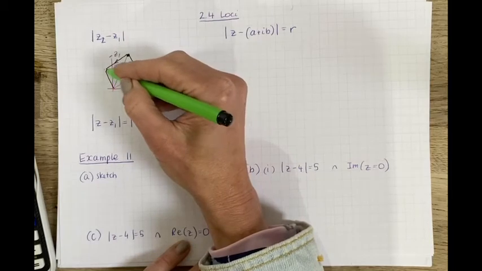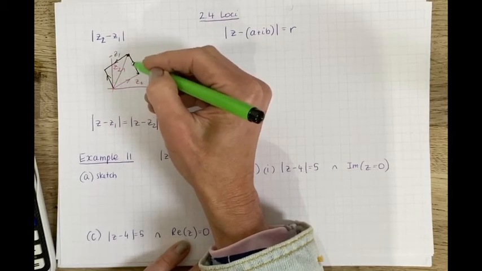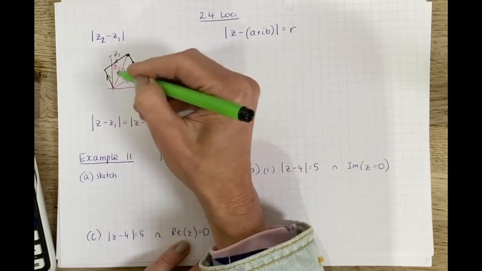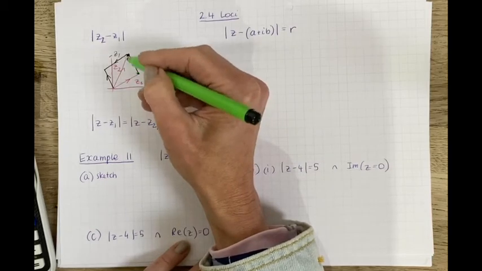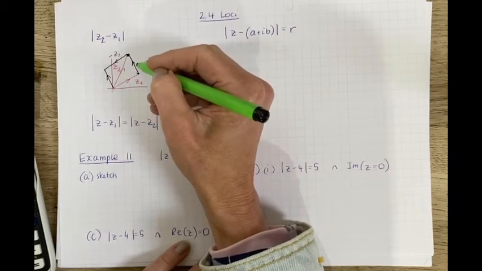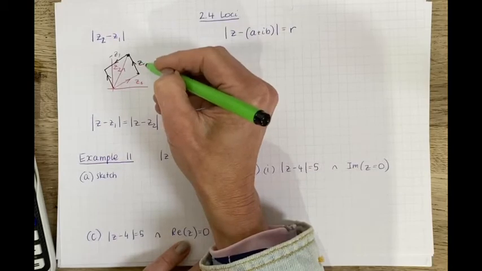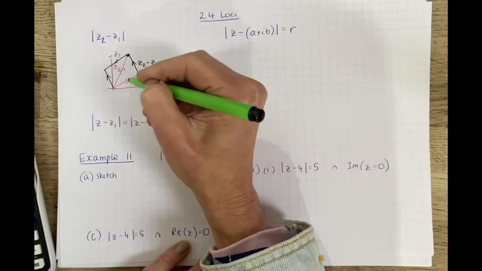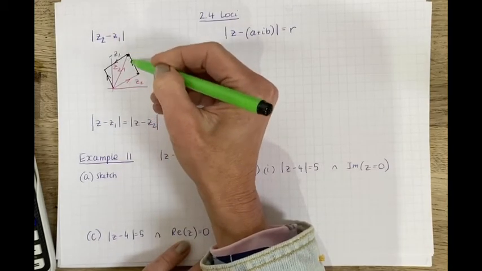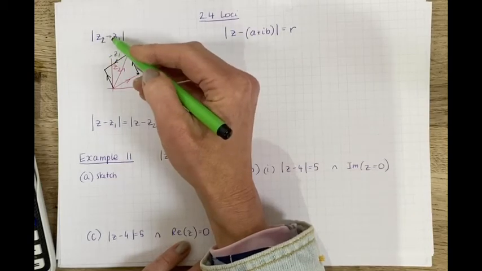you would get that vector which is parallel to that vector, and vectors that are parallel to each other, the same length and going the same direction, are equal. So this is going to be z2 minus z1. The way I remember that, it's the end minus beginning.